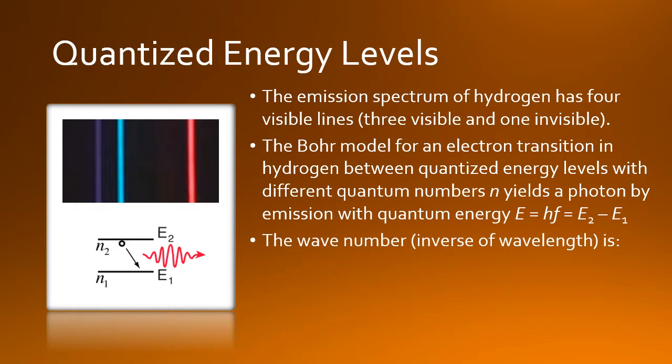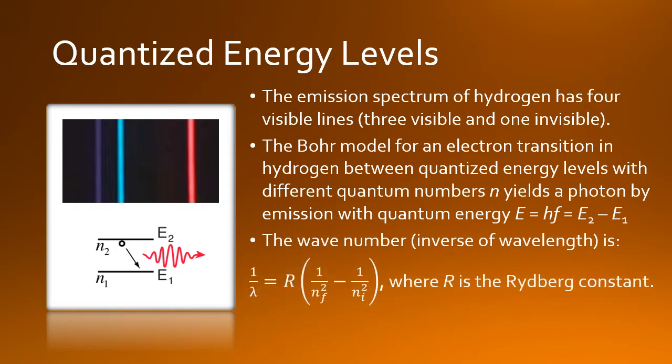The wave number, which is simply the inverse of the wavelength, 1 on lambda, equals R times, in brackets, 1 on nf squared minus 1 on ni squared, where R is the Rydberg constant. And this is what Balmer used to find out the whole number relationships.